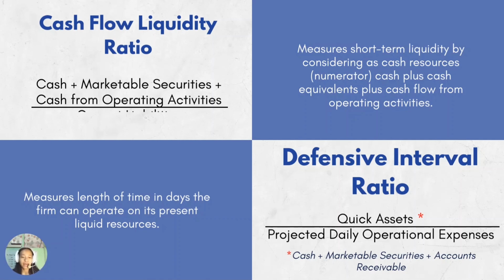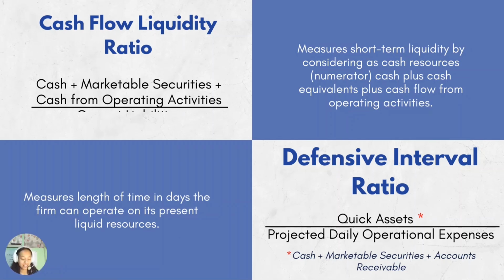Ayun po. And last but not the least of the formulas is pang-anim na. Sana okay pa yung mga utak niyo para mag-observe ng formulas. There are more to come. So yun, for defensive interval ratio, it is computed by getting the quick assets over the projected daily operational expenses. So ayun, paulit-ulit tayo.